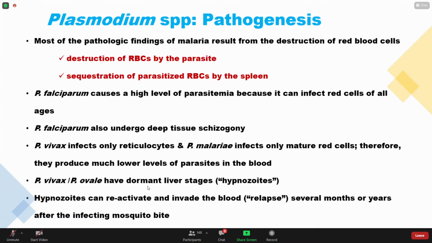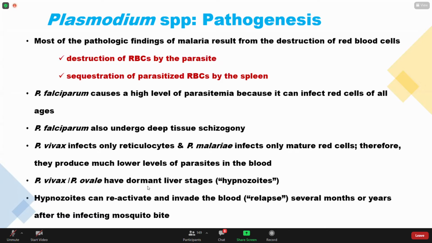And when you have them in deep vessels that are very tiny and they get stuck together, they are going to occlude the vessels. So you can also have evidence of ischemic injury to organs such as the kidney, such as the brain, depending on where you have these parasite cells lodging in.